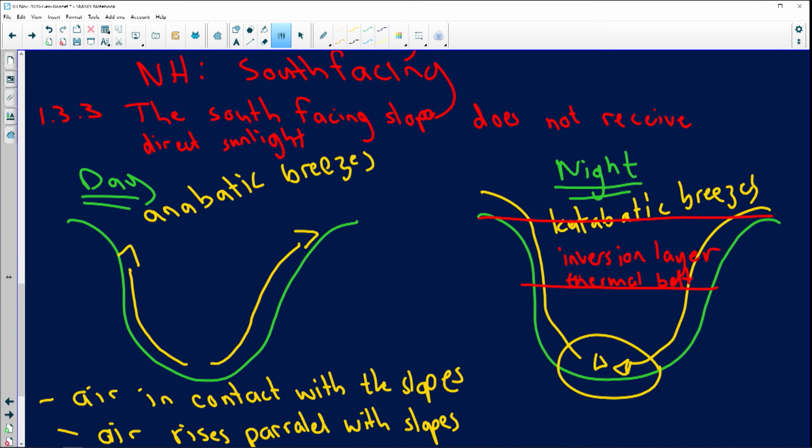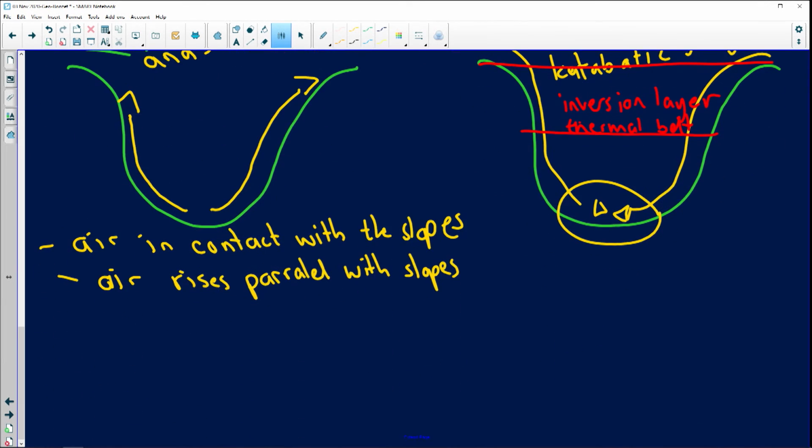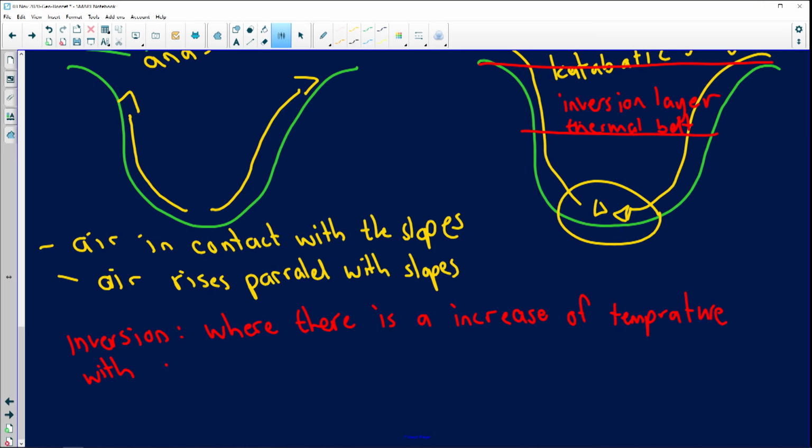Okay. Now, what is the inversion layer? Let me just define it for you. Inversion is when there is an increase of temperature with an increase of altitude.